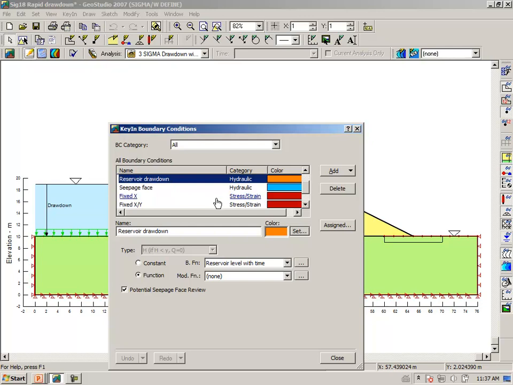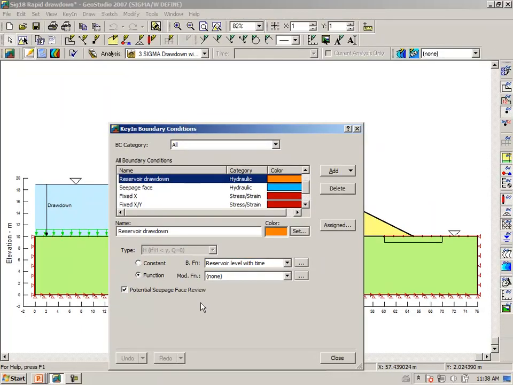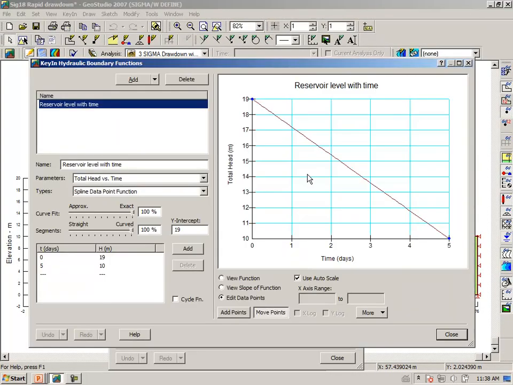We must also define the hydraulic boundary conditions. Once again, notice here that we are selecting a function, and we have a reservoir level with time function, and we have checked the fact that there could still be a seepage face above the reservoir level. So here is the drawdown function again.